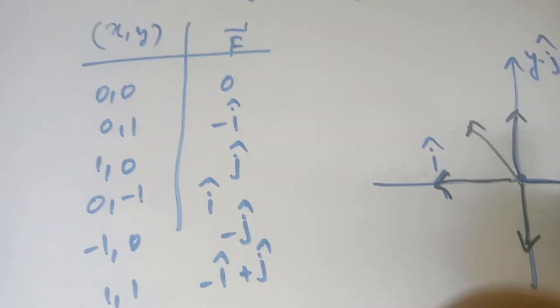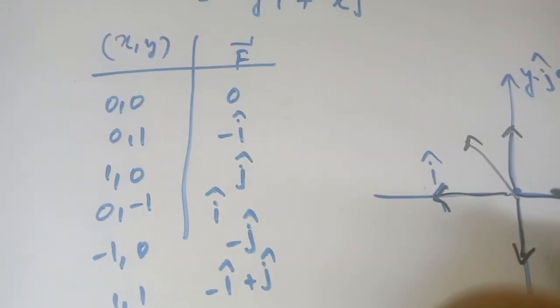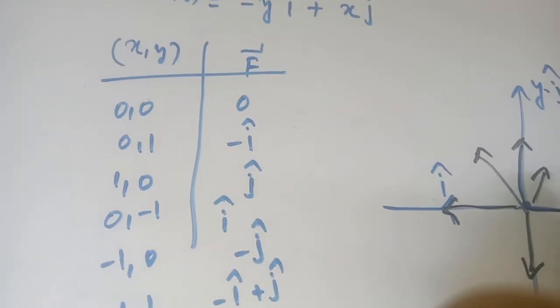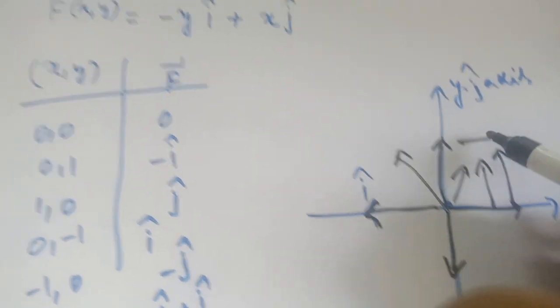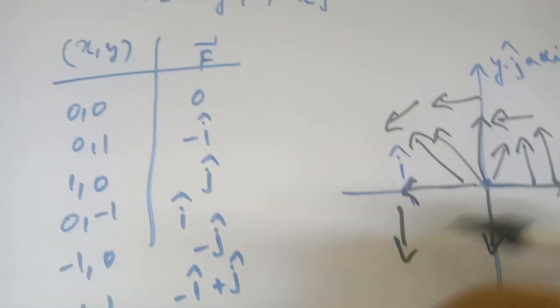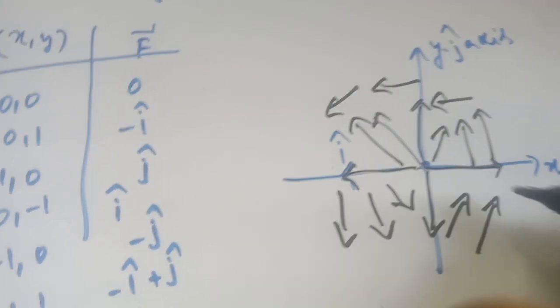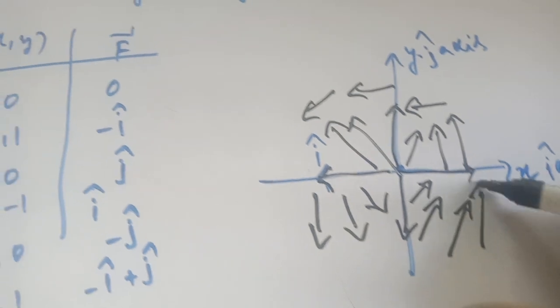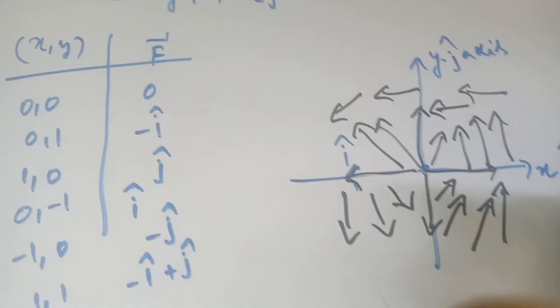If I put random values, some 20 or 30 or 40, you could check yourself, or by using some software, that the vector positioning will be somehow like this. There is no point in keeping so many values, so in a rough figure I am drawing, the vector positions are something like this.